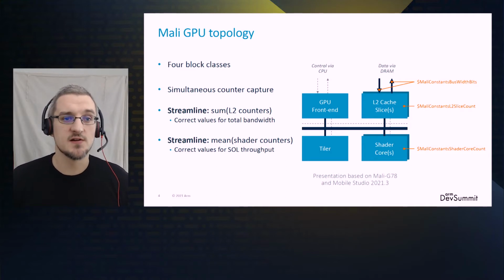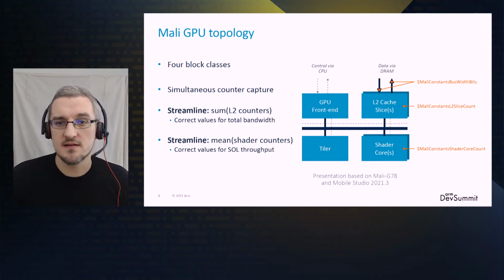This gives you correct totals for things like memory bandwidth and memory system stalls. And this is important because memory bandwidth is one of the most power-hungry things that the GPU can do. For the shader core, we count the mean of the cores, the average, and this allows us to compute speed of light throughput compared to GPU frequency or shader core frequency. And generally, that's the most useful metric that you want for the shader cores to show which unit's the most heavily utilized.